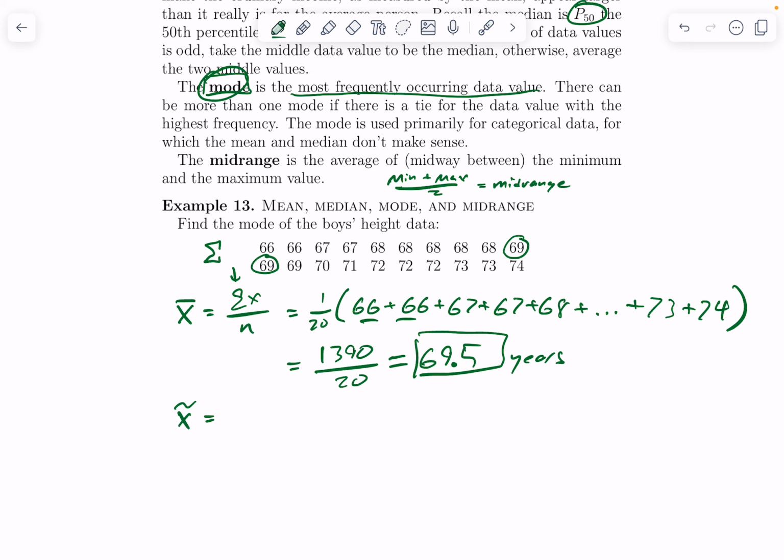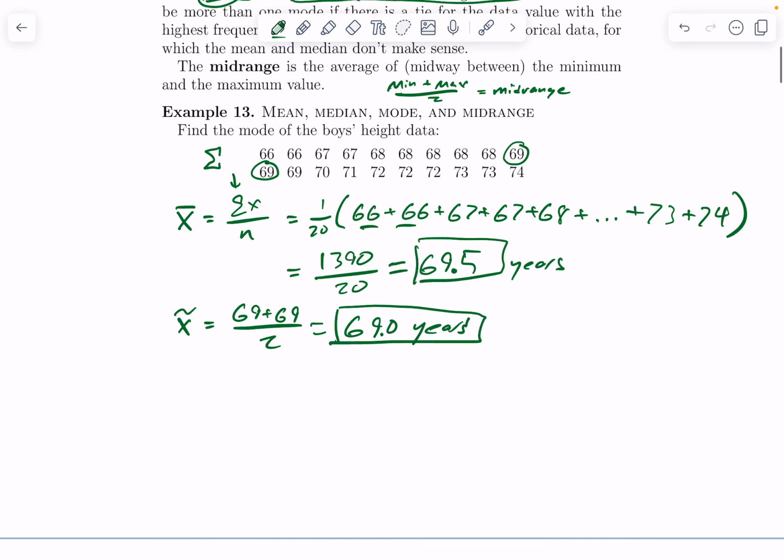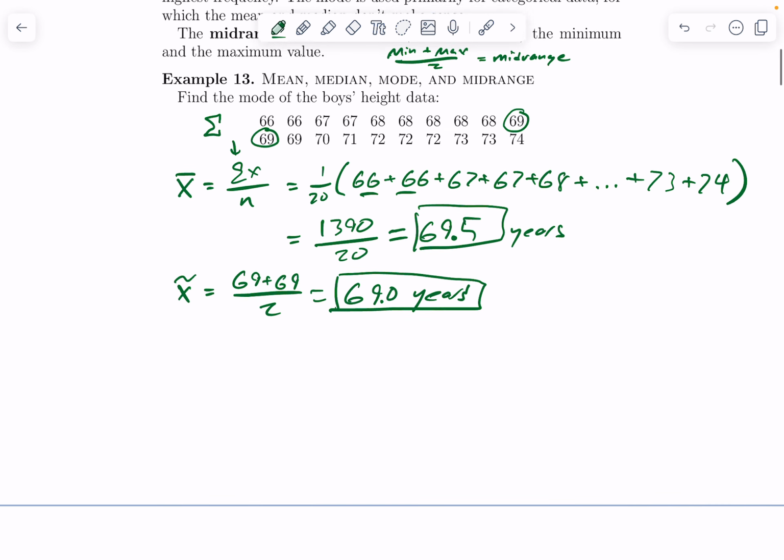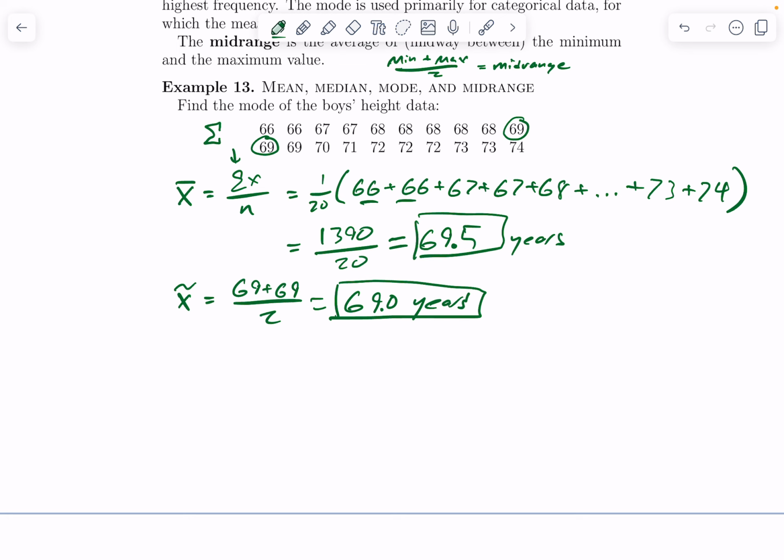And I'm going to average those 2 points. 69 plus 69 over 2 equals 69 years again. Now, technically speaking, I really ought to put 69.0 because that indicates that I've rounded to one more than the data. That 0.0 is not all that important really, but to be technical, I would add that.